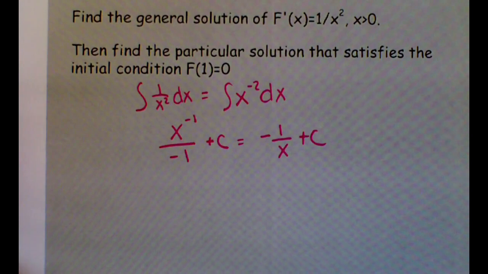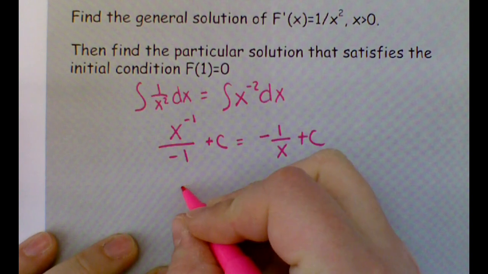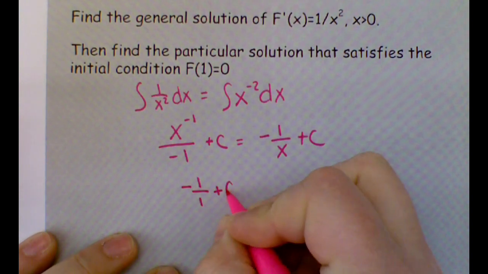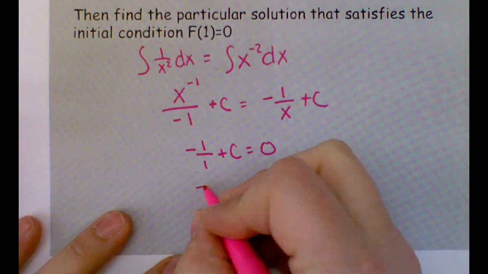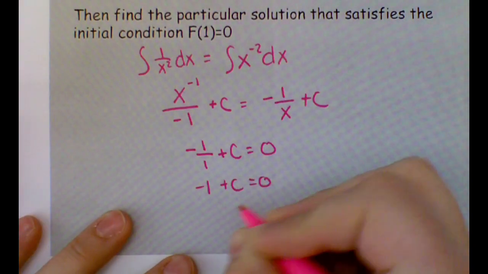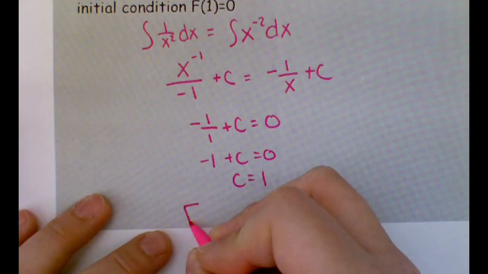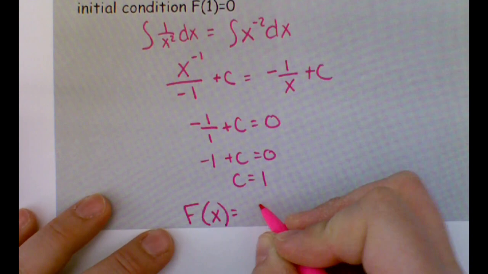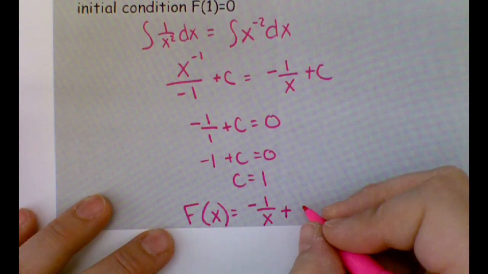But we know f of 1 equals 0. So that means if I plug in 1 for x, I should get 0, which means negative 1 plus c is 0, which means c is 1. So I know my function, f of x, is negative 1 over x plus 1.